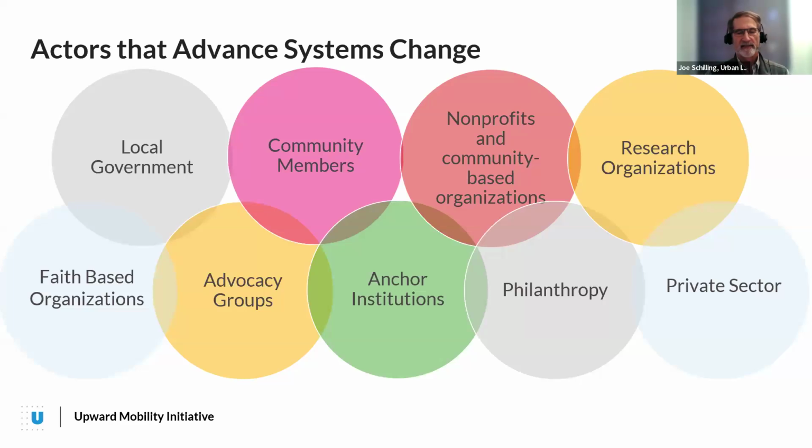But recognize that all of these different actors come with different priorities, right? And different underlying interests. Obviously, those who are involved with food insecurity, like food banks, that's their top priority. Housing advocates are focused on shelter, housing stability.